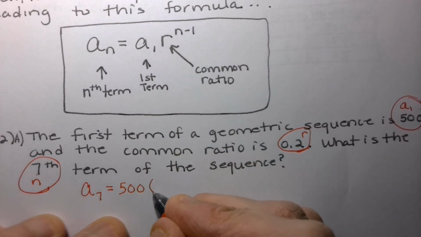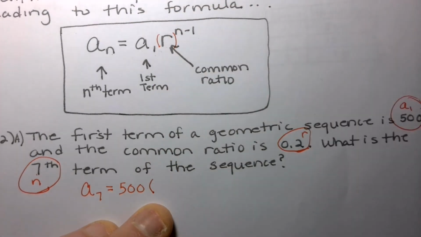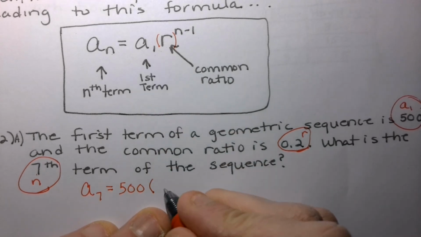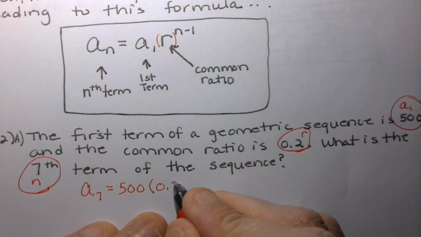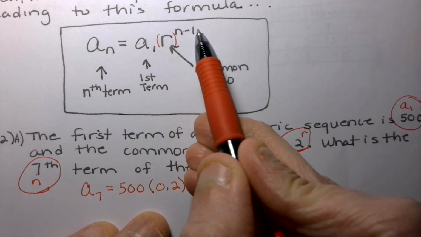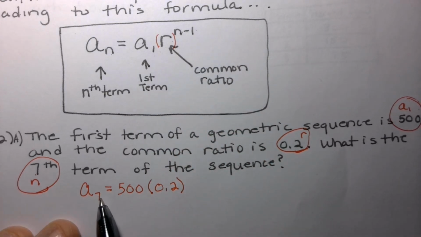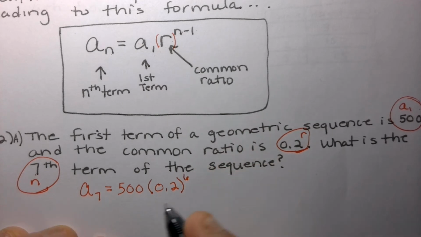Now we need to put a parenthesis, and you'll have to do that all the time here. Okay, class? And the ratio is 0.2 raised to a power of n minus 1. Okay, so remember our n, we listed it right here. It was 7. So 7 minus 1 is 6.